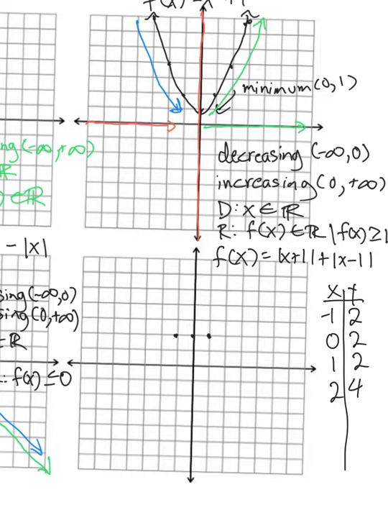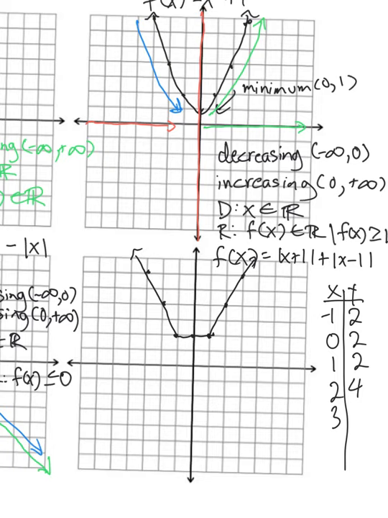Let's put the next one, 3. 3 plus 1 is 4. 3 minus 1 is 2. 4 plus 2 is 6. So it's going to look like this on one side, and I imagine the other side is going to mirror it.